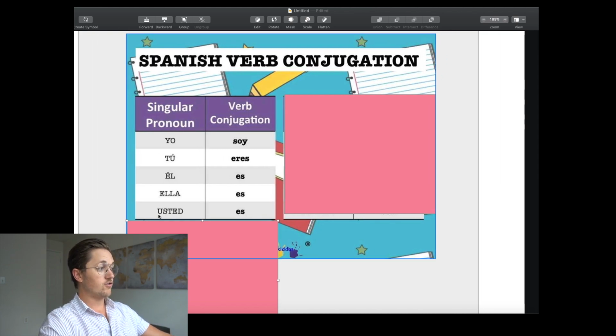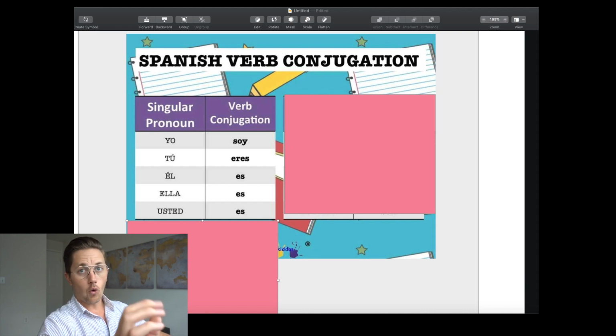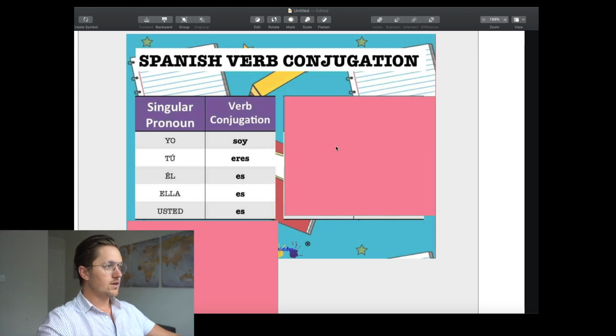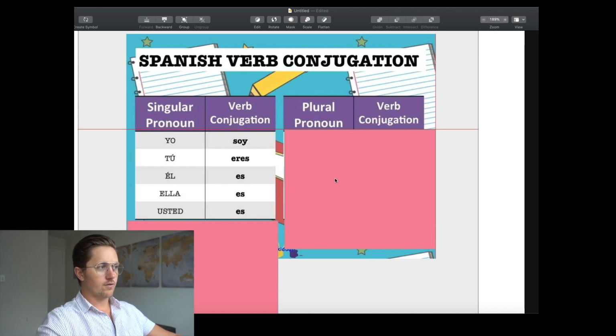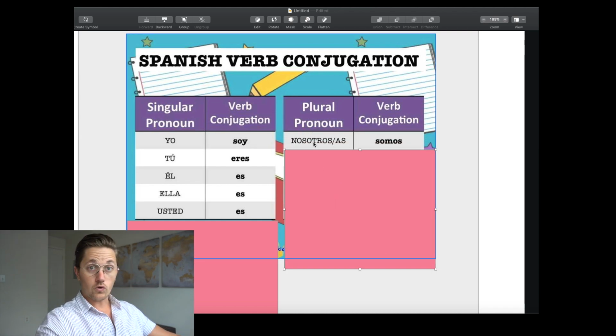So in Spanish you'll learn that we have a you informal that we use the majority of the time, at least in most Spanish-speaking countries, and usted is formal, talking to like a sir or a ma'am, something like that. Next here we have plural pronouns. So for example, we have nosotros or nosotras, so us. So nosotros somos, we are.